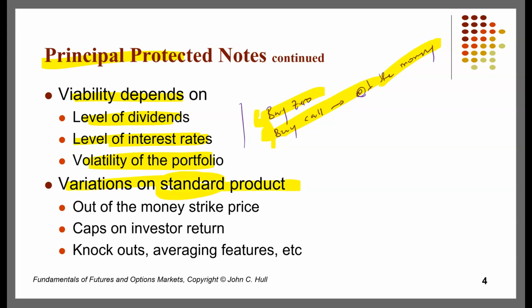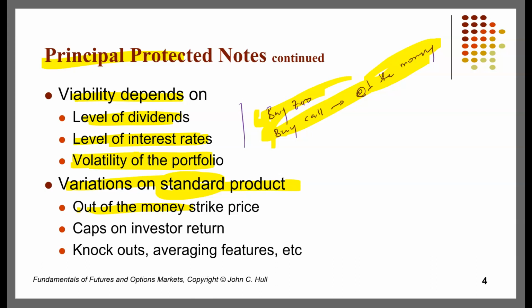That standard product is the base product that we have here, and the variations would include things like, instead of buying at the money call options, buying out of the money call options. An out of the money call option makes the option price a little cheaper, more affordable, but the likelihood of the option becoming in the money before expiration depends on the volatility of the portfolio.